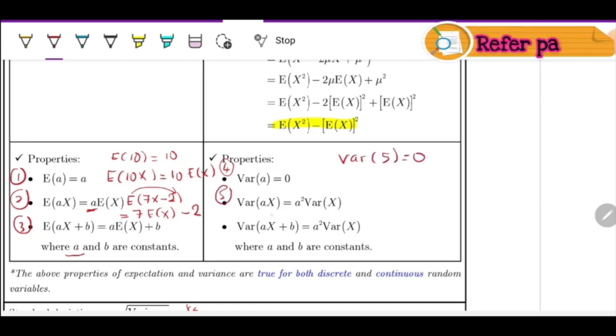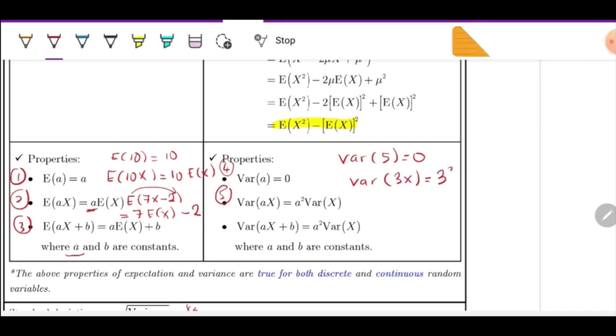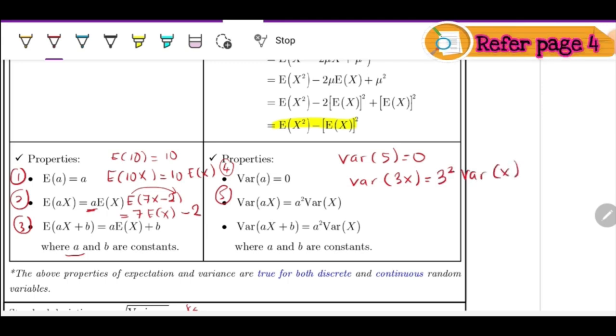Property number 5. Variance of aX equals a squared times the variance of X. For example, variance of 3X. So we can take out the constant of x, then square it, then multiply by the variance. Property number 6. Variance of aX plus b equals a squared times the variance of X. For example, variance of 7X minus 4.